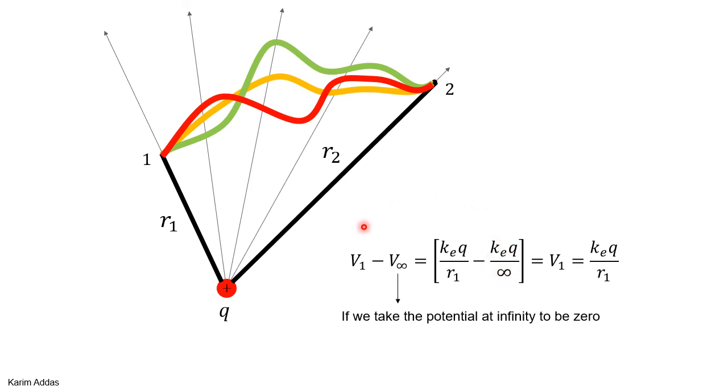And so you get that the potential V1, the potential at point 1, is equal to kq over R1, which is exactly the formula for the potential that we took before in the case where the reference of potential at infinity is 0. So everything is working fine, and we got the same result as before, but now using a path integral.